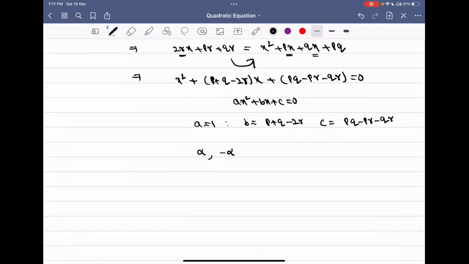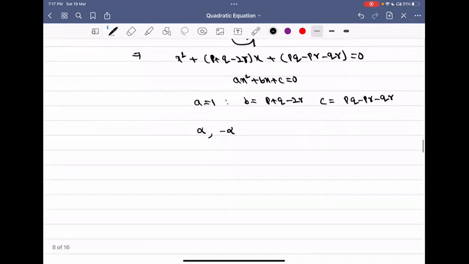From this, what can we say? Sum of the roots is alpha plus minus alpha, which is equal to 0.